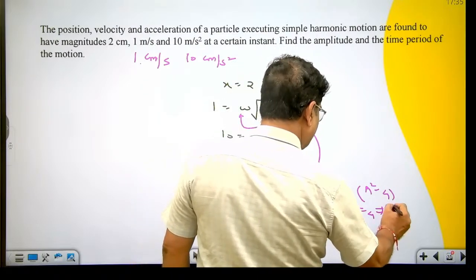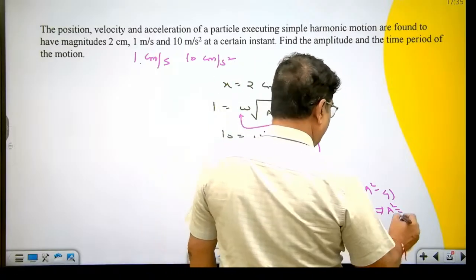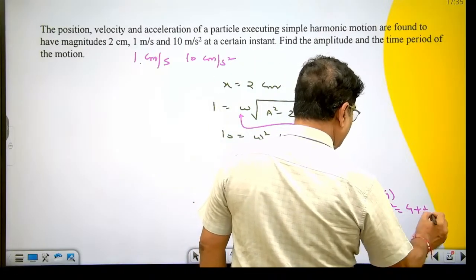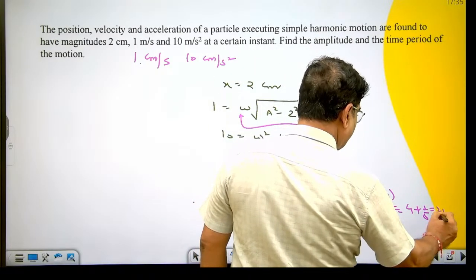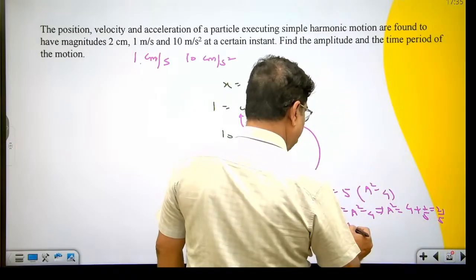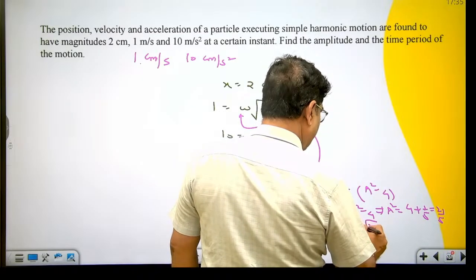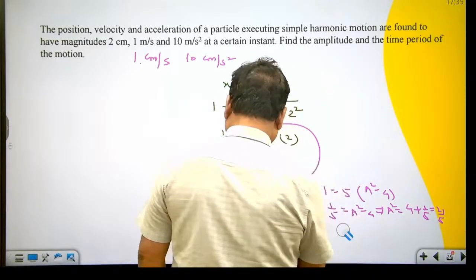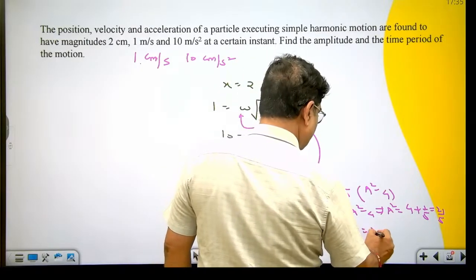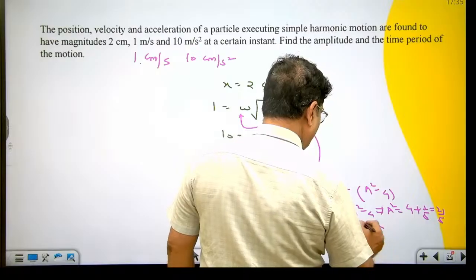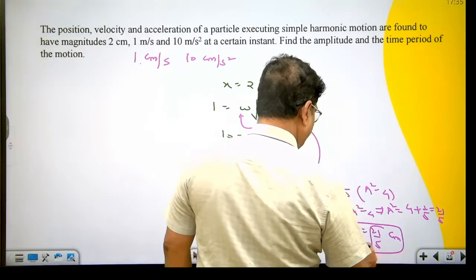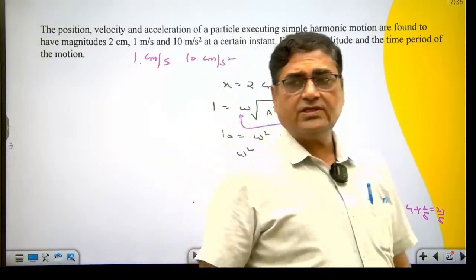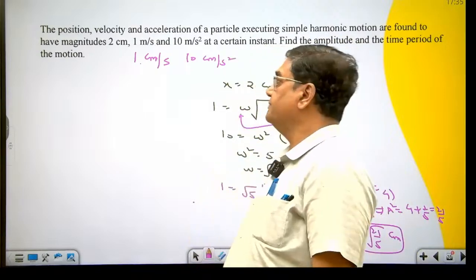So what is A square? A square equals 4 plus 1 upon 5, which means 21 upon 5. So A equals under root 21 upon 5 centimeter. This is the amplitude. So this is how we can solve the question.